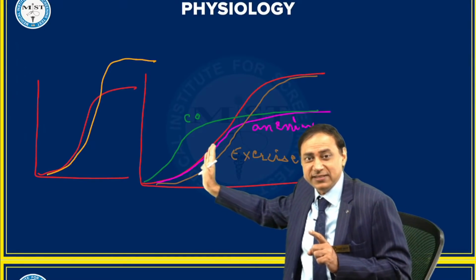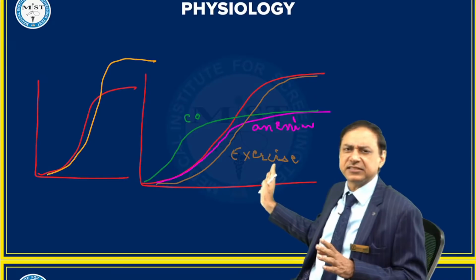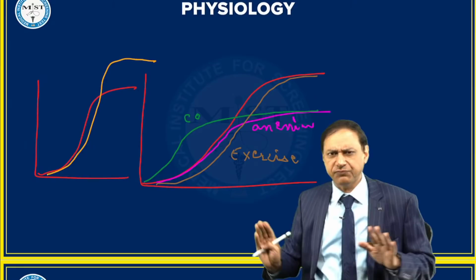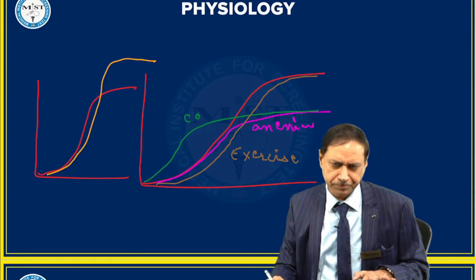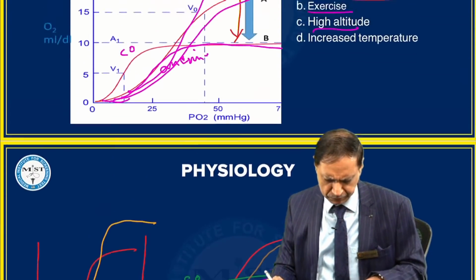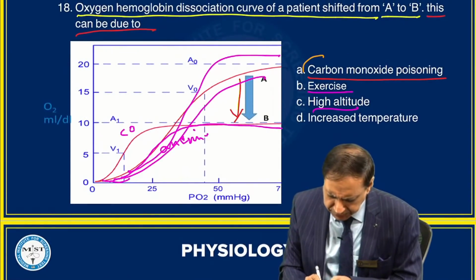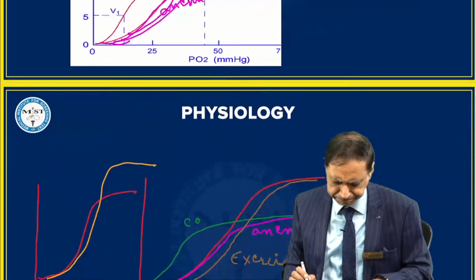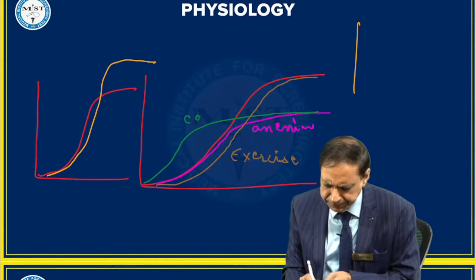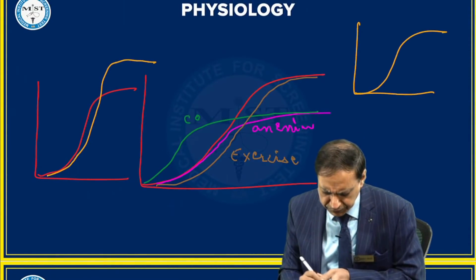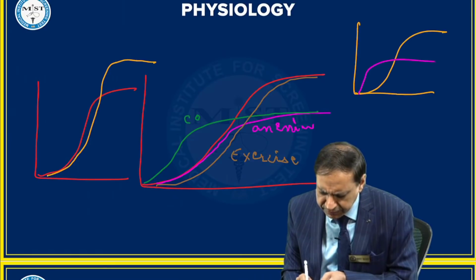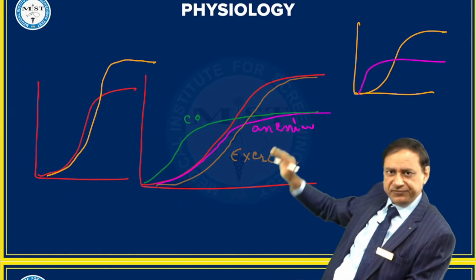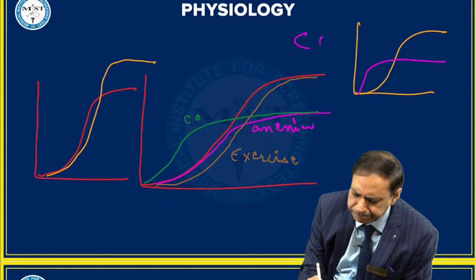In carbon monoxide, it is shifted to the left also. In exercise, there will be a simple rightward shift. So the answer here is clearly carbon monoxide poisoning. This is the normal curve. In carbon monoxide, this is the speciality: less height, slight left. This is carbon monoxide.